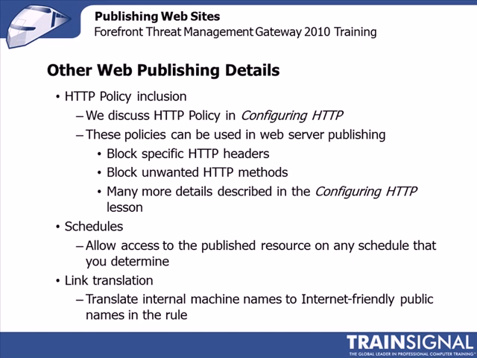You can block specific HTTP headers, for example, or block unwanted HTTP methods. For example, suppose you don't want external users under any circumstances to be able to use the post method to your web server. You could block that method as an additional layer of security that would otherwise not be available. There are many more details about HTTP policy discussed in the Configuring HTTP lesson in this course.